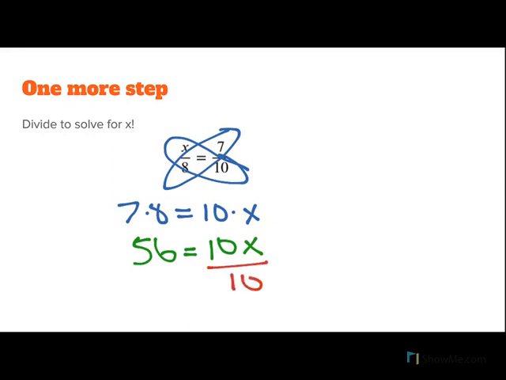So if I divide both sides by what I'm multiplying x by, in other words, my original divided by what I started with, using that same terminology we've talked about before, that's going to give me my answer. So 56 divided by 10 would give me 5.6. And that's how we can do this using our cross product.